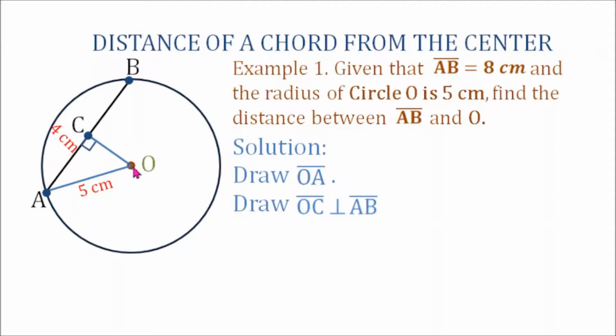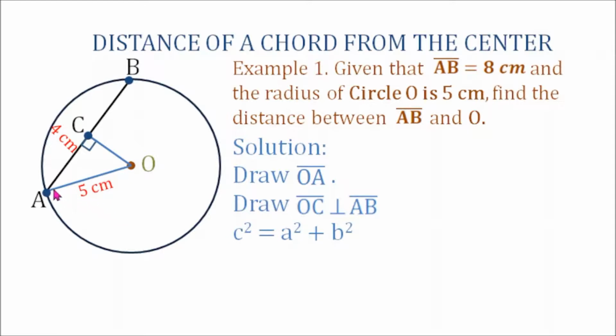Now we have a right triangle here. In a right triangle, we find the missing side by using the Pythagorean theorem. So this is the Pythagorean theorem. The meaning of this is, in a right triangle, the square of the hypotenuse, or the longest side, equals the sum of the squares of the two other sides.